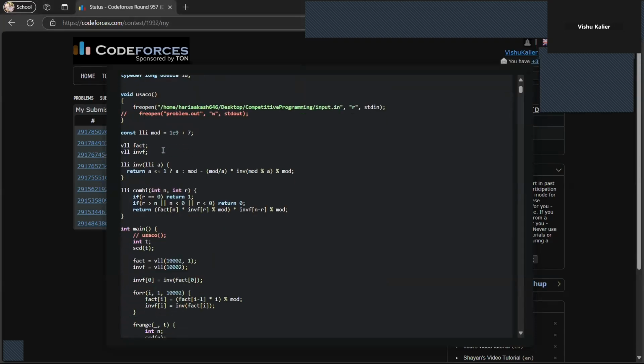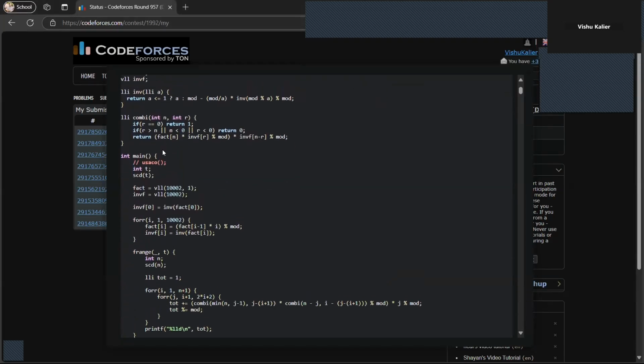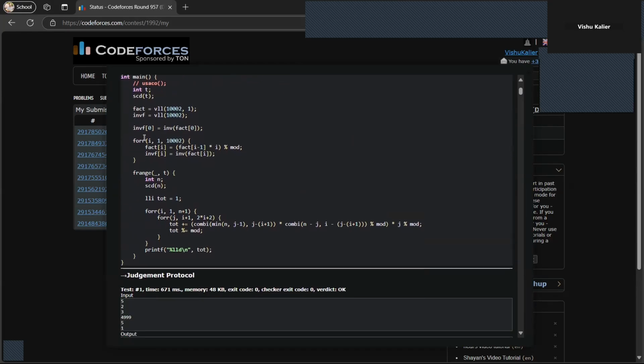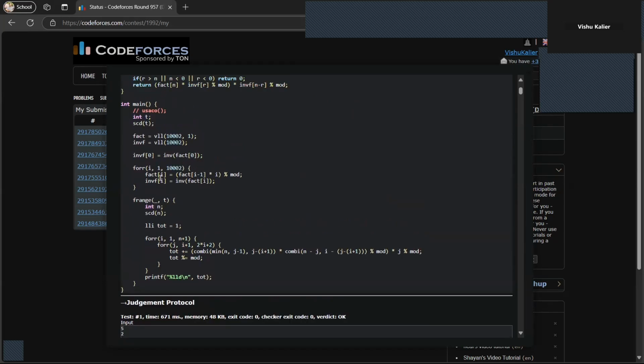Okay, so in this particular question, what I did, I took the required values, created the factorial and inverse arrays, and updated them.